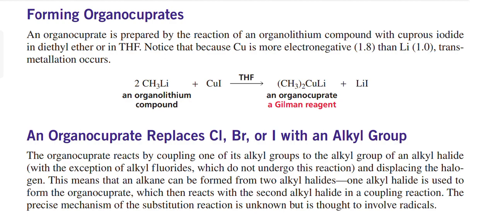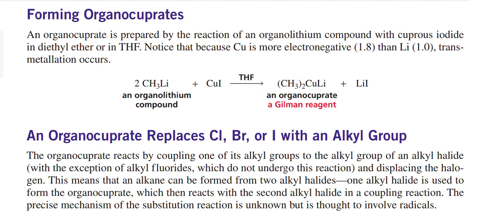Now I am going to read about how an organocuprate replaces chlorine, bromine or iodine with an alkyl group. The organocuprate reacts by coupling one of its alkyl groups to the alkyl group of an alkyl halide, with the exception of alkyl fluorides which do not undergo this reaction, and displacing the halogen.